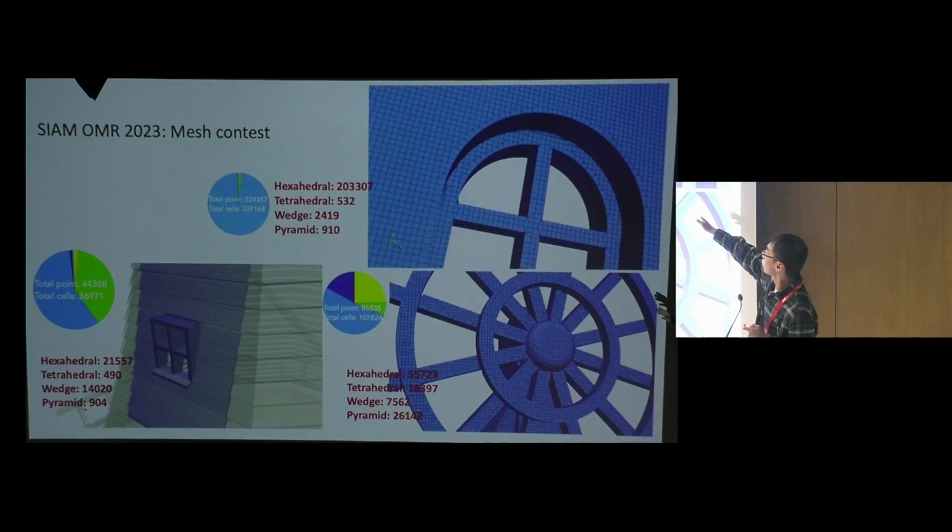You can see that it depends on the geometry. If it is something like a volume with not too many small features, our voxel or hex can take like 99% or 97% of the whole mesh.